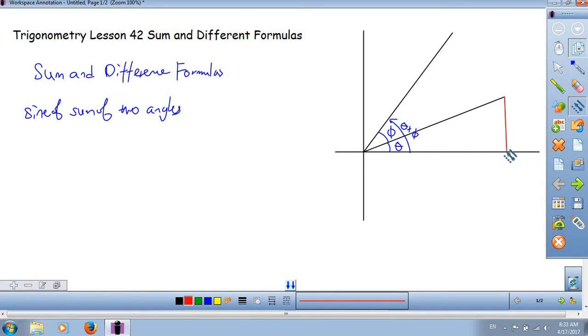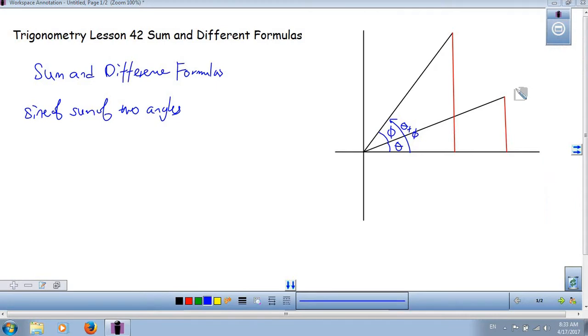Let me go ahead and label some letters first.